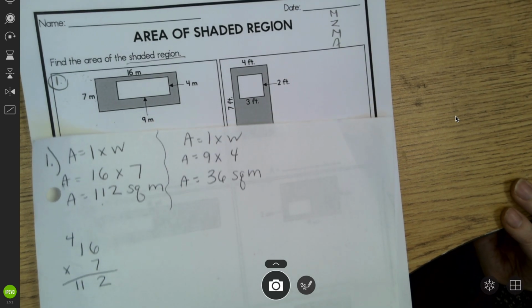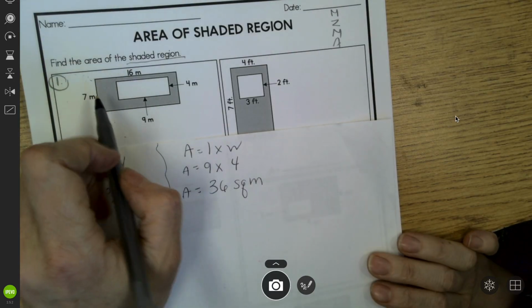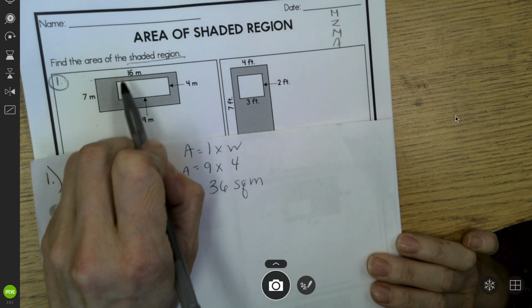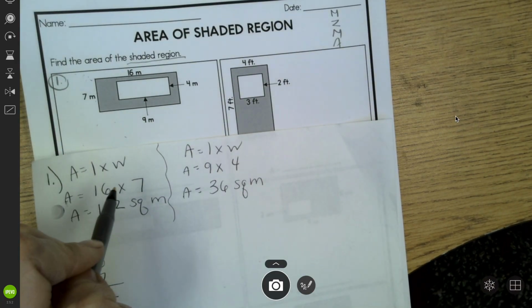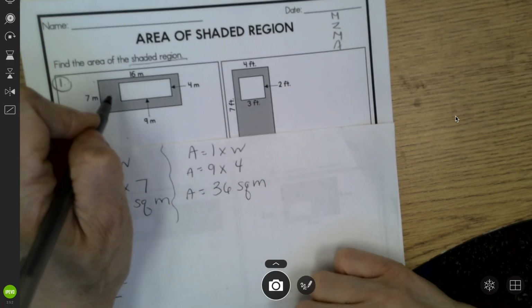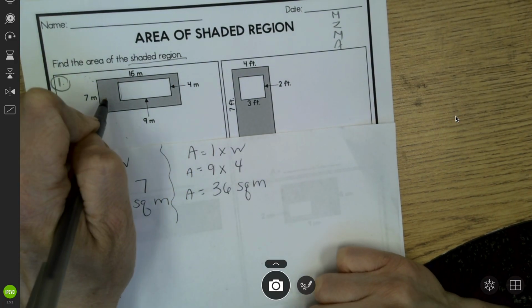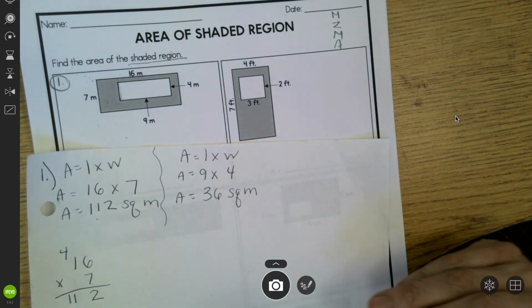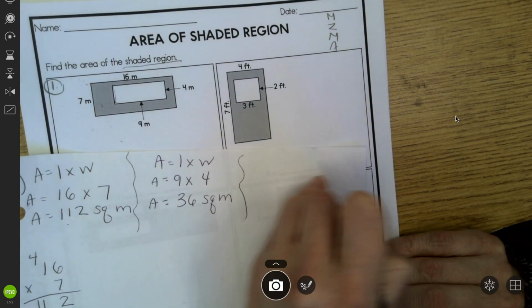Okay, now I need to solve to find out the area of just the shaded region, okay? So I'm going to need to subtract because I need to remove this space, this rectangle, right, to just have the shaded region. So, and I'm going to write it right here.